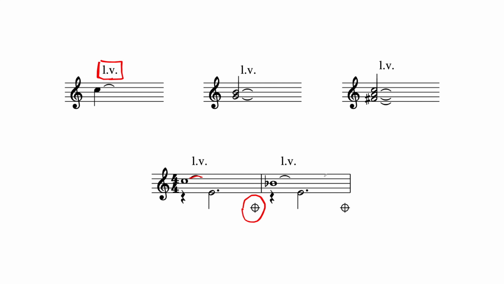By the way, you can use a let vibrate tie, or this abbreviation, or both, but I do not recommend to use both every time. The let vibrate tie is very common, and it is enough if you use only the let vibrate tie.